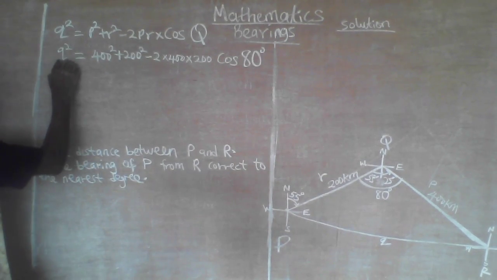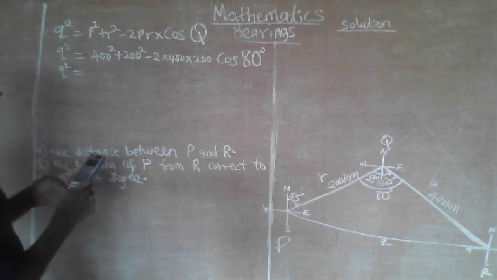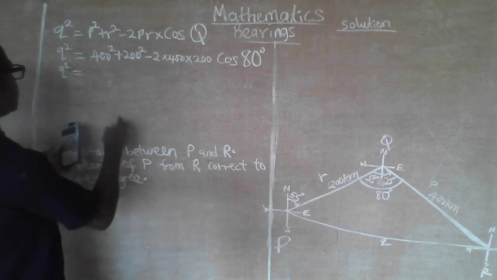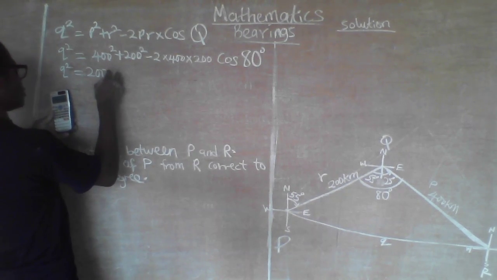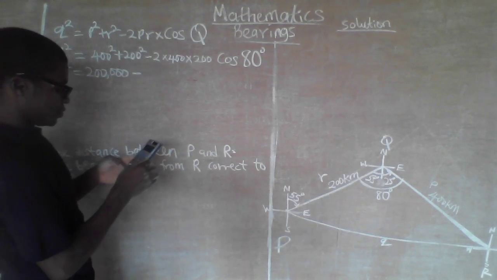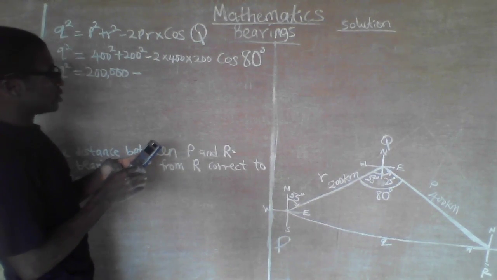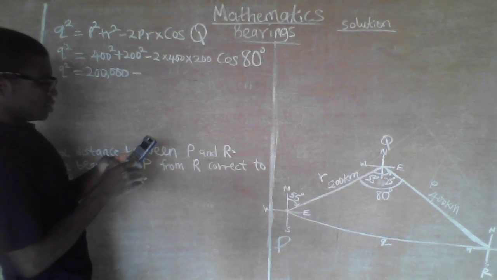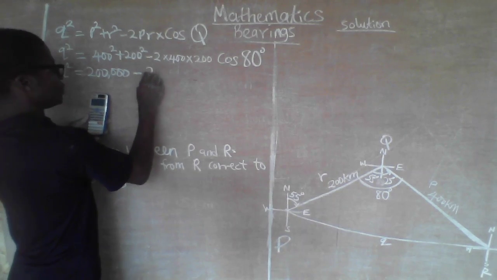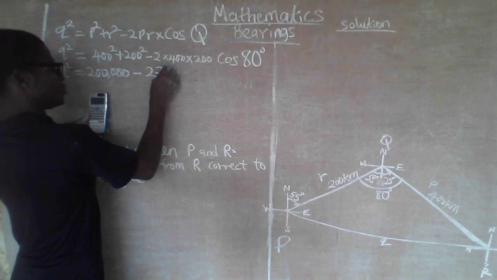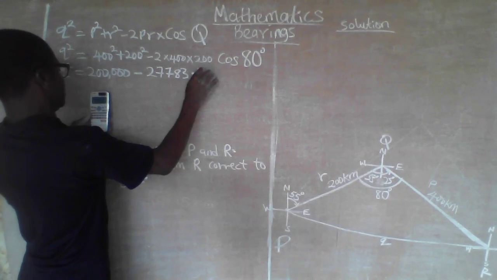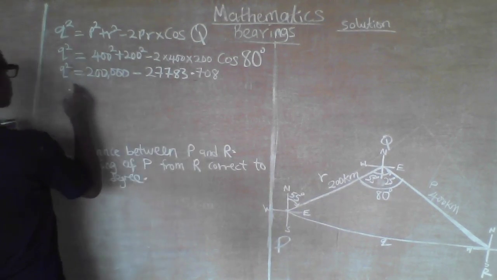So 400 squared plus 200 squared is equal to 200,000, minus 2 times 400 times 200 times cos 80, which is 27,783.708.